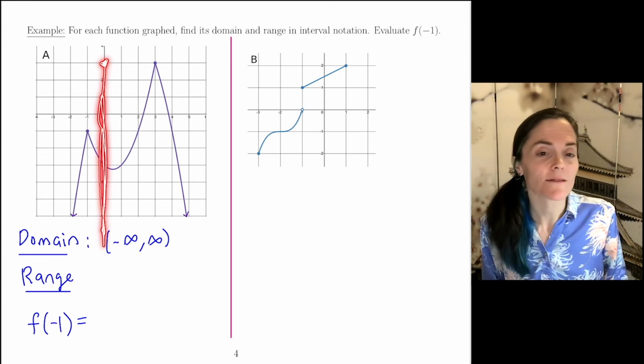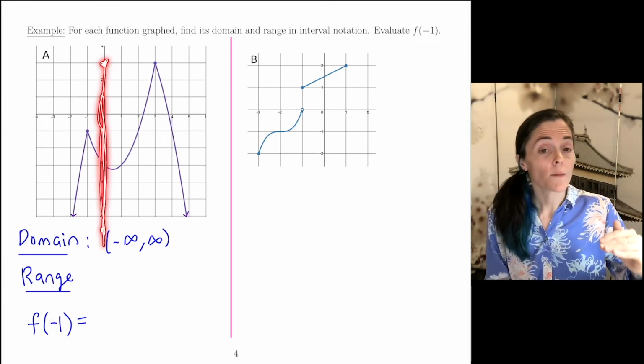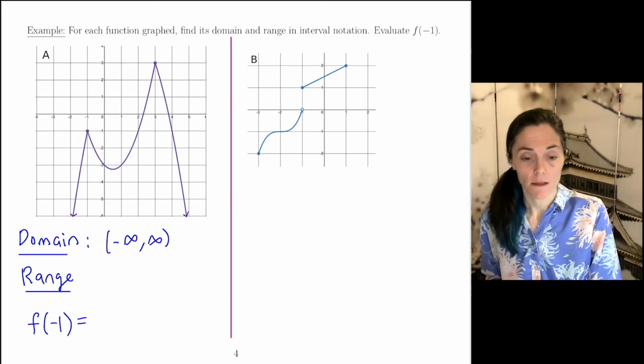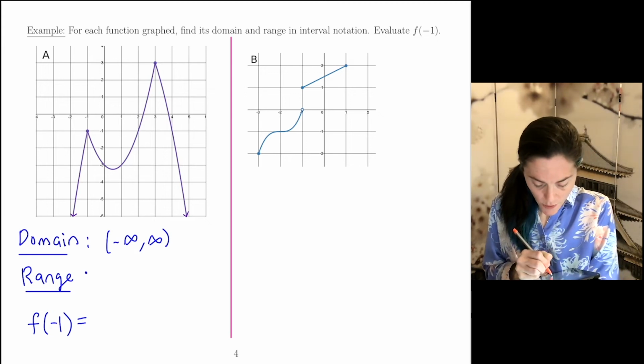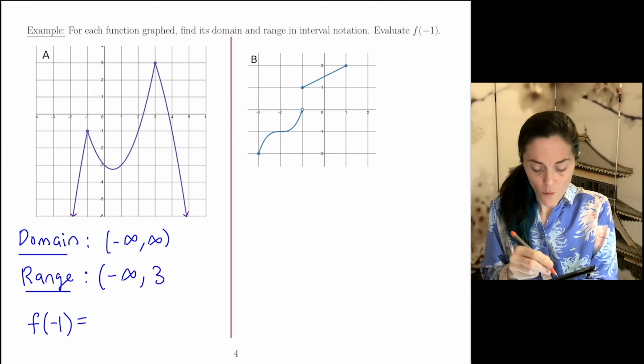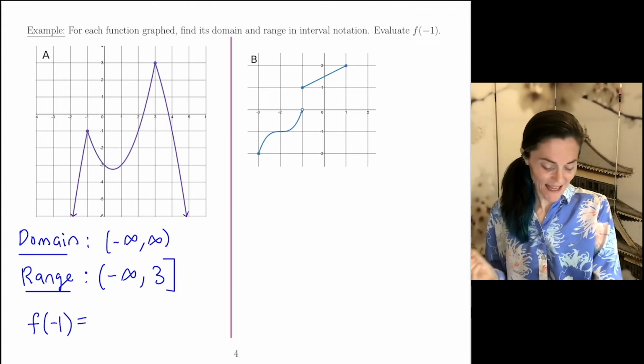So here we see the range. It's all real numbers less than or equal to y equals 3. Let's write this in interval notation. It's all real numbers less than or equal to y equals 3, which is like this.